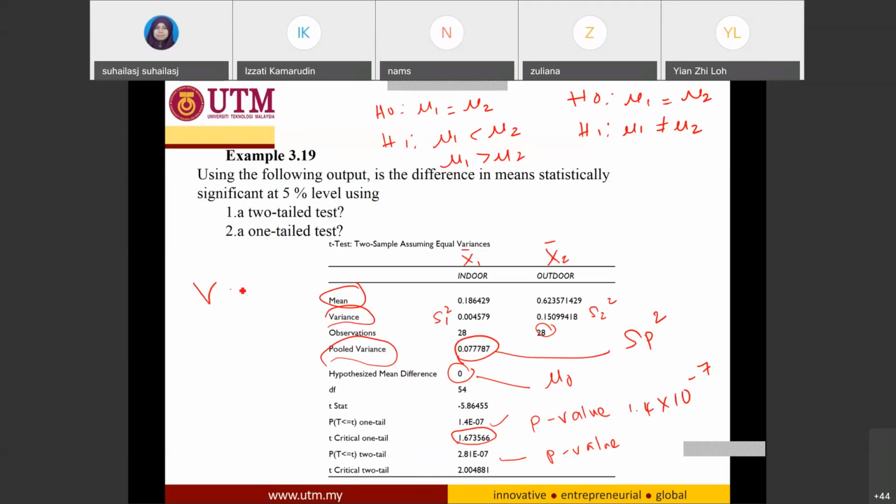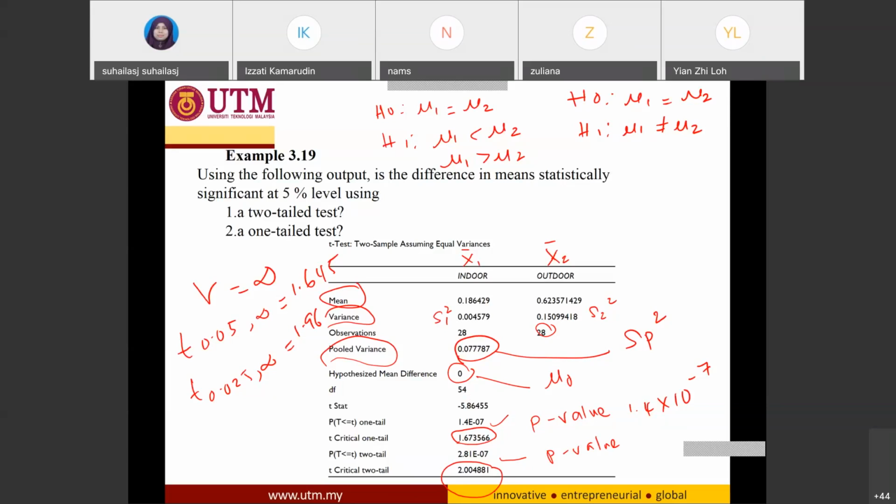So you have T 0.05 at infinity, which is 1.645, and the other one, T 0.025, is 1.96. This is just an approximation compared to the programming output. So the T critical value for two-sided here is 2.00, which is near to 1.96, and the one-sided T critical is 1.677, which is near to our table values.